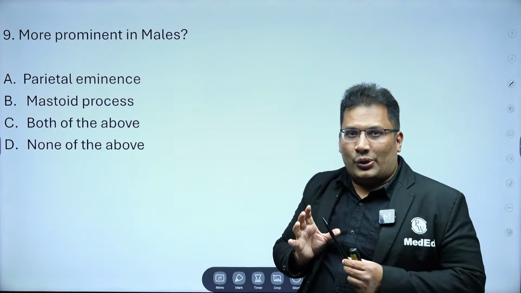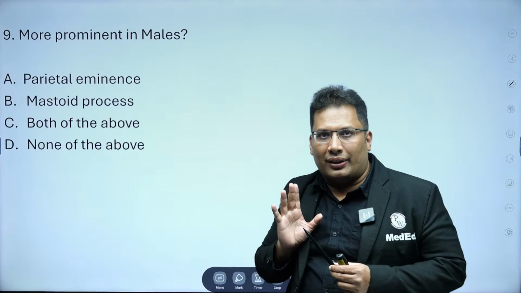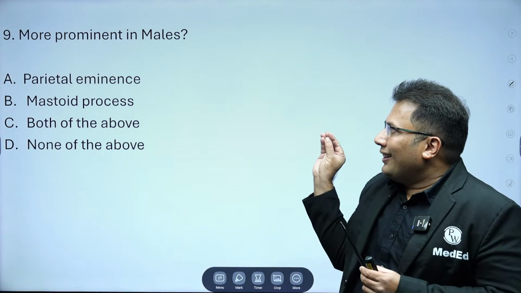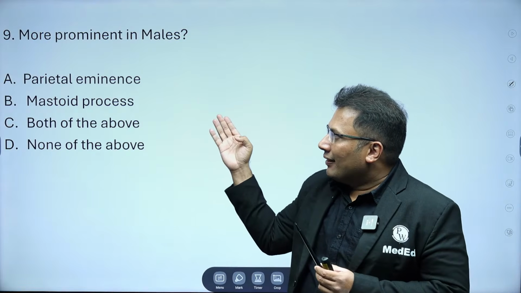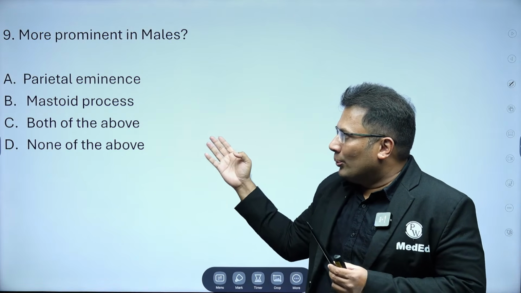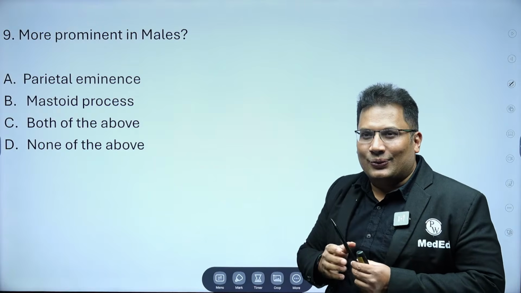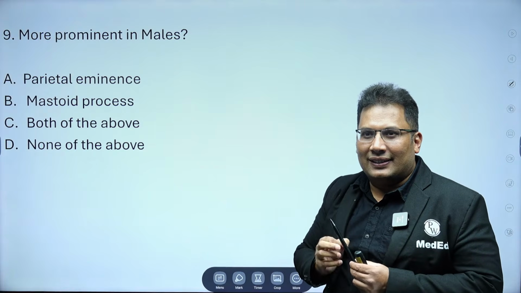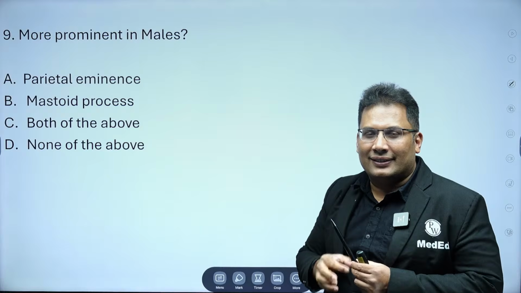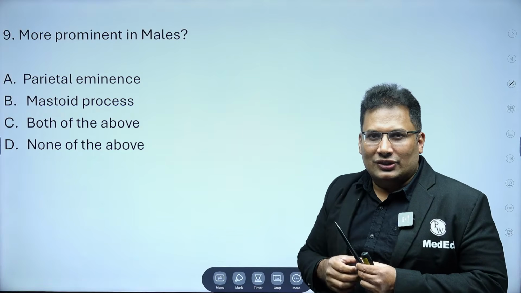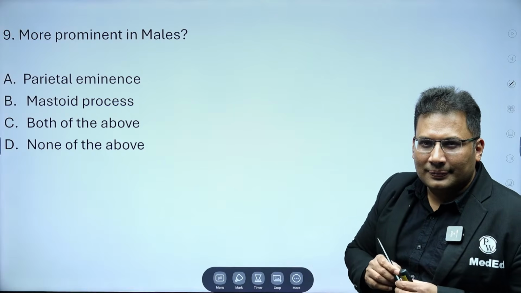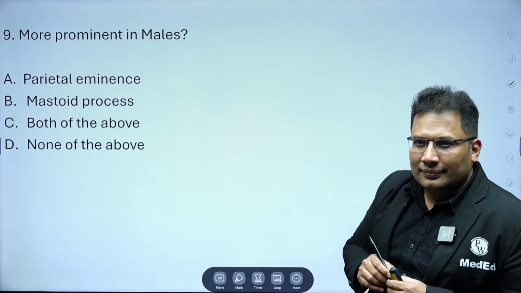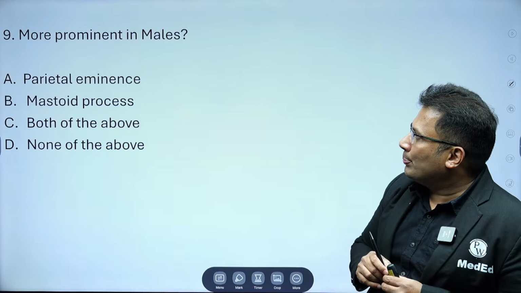Next, a very, very important question. More prominent in males: parietal eminence, mastoid process, both of the above, none of the above. Yes, Dhruti, Menak, tell me quickly, what will be the answer? Mastoid process is prominent in males.